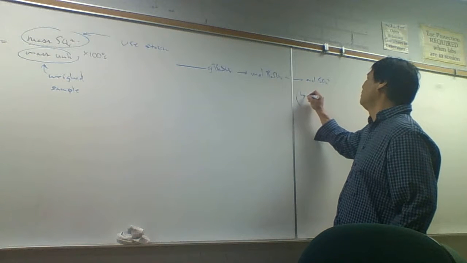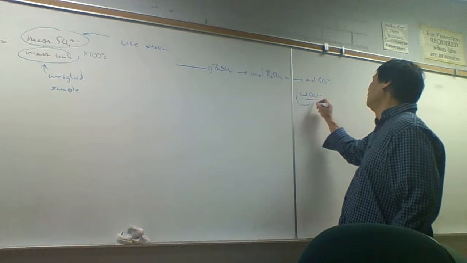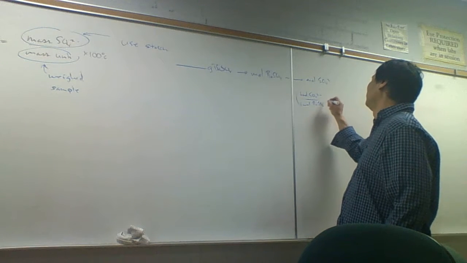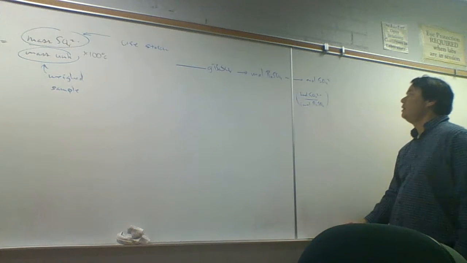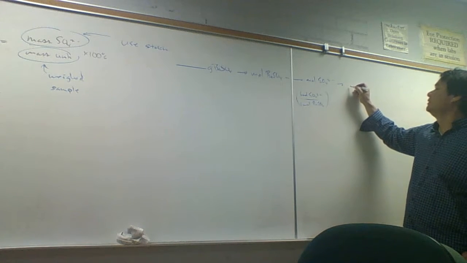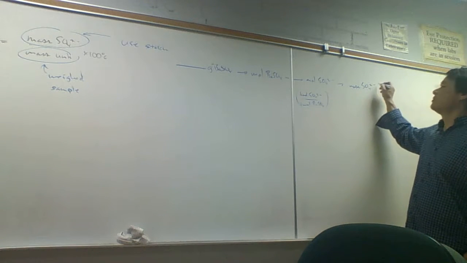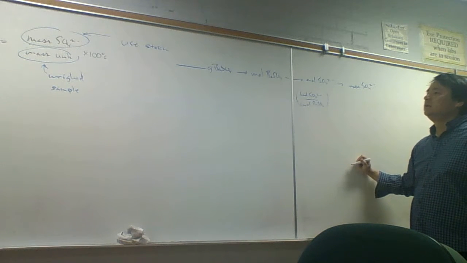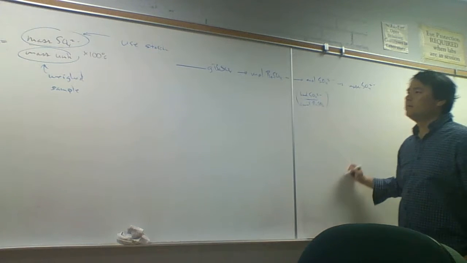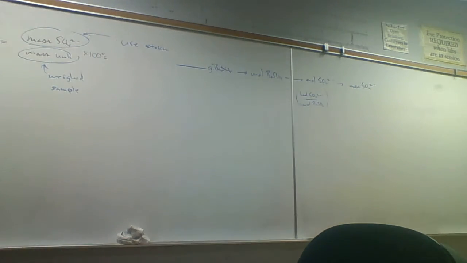And so we got 1 mole of sulfate for every 1 mole of barium sulfate. And then from moles of sulfate, we'll go to grams of sulfate, using the molar mass of sulfate. So that's it, just a few steps in the stoichiometry calculation.